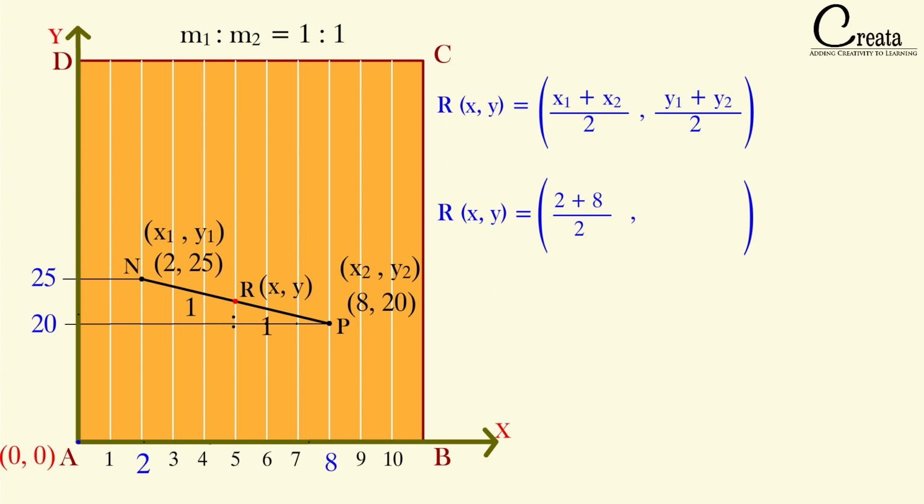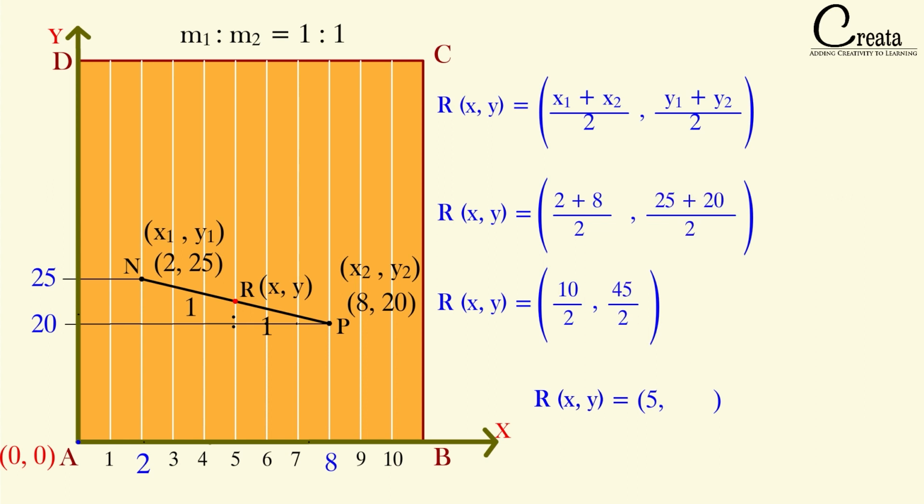On putting the values, we got x coordinate as 5. Further, let's find the y coordinate. Let's put the values. We got y coordinate as 45 upon 2, that is basically 22.5. So the coordinate of point R is (5, 22.5).